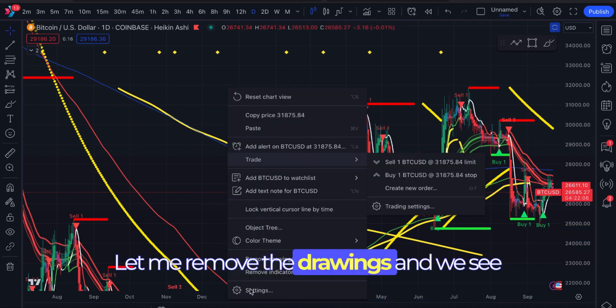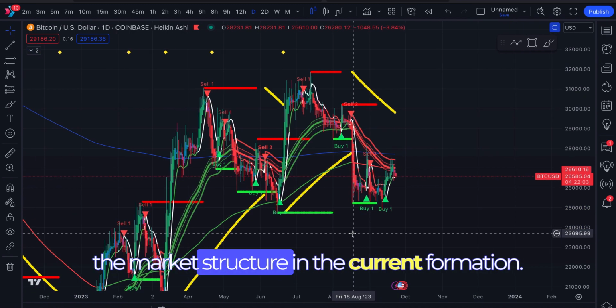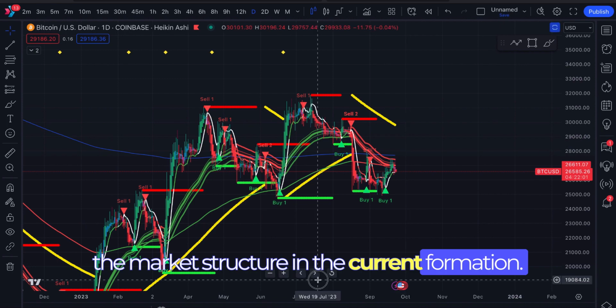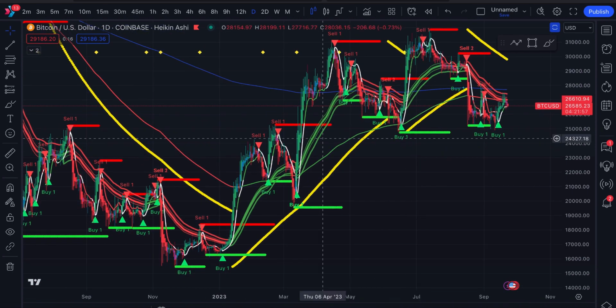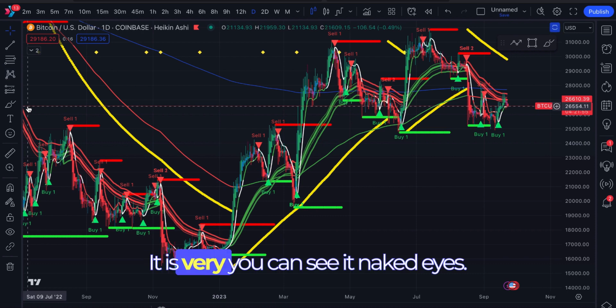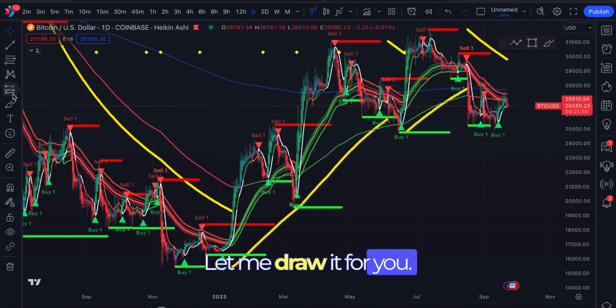Let me remove the drawings and we see the market structure in the current formation. You can see it with the naked eye. Let me draw it for you.